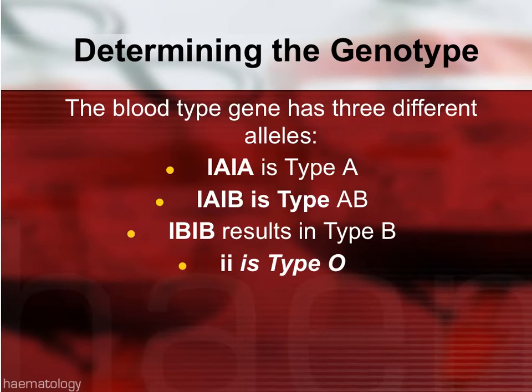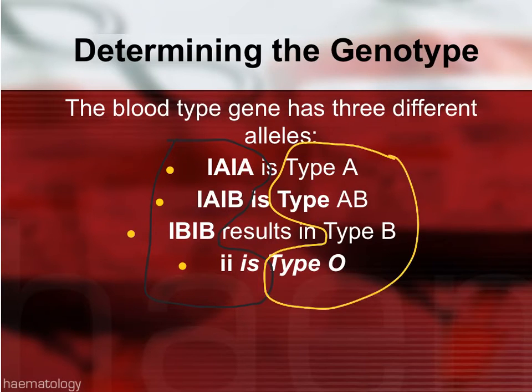Okay, so here it is. Now, on the left over here, we have the genotypes. And on the right over here, we have the phenotypes. Okay, so this is pheno, and this is geno. Now, genotypes are what the genes are, what the alleles are.